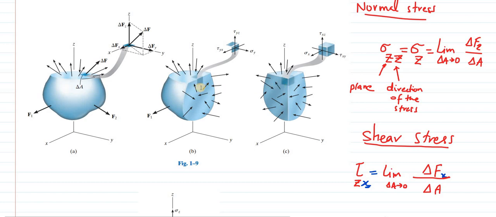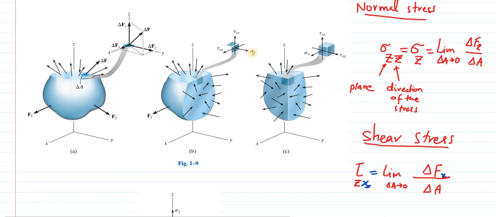So let's see what additional stresses would be exposed when you have cut a plane such that its normal is along the y-axis. On this part of the segment, the shaded one, there will again be three components. One will be normal, which we will call sigma y.